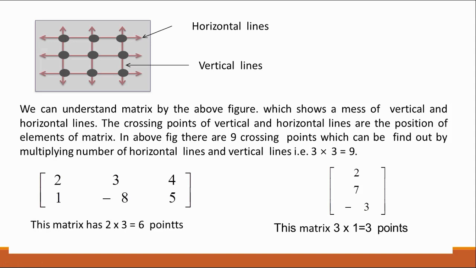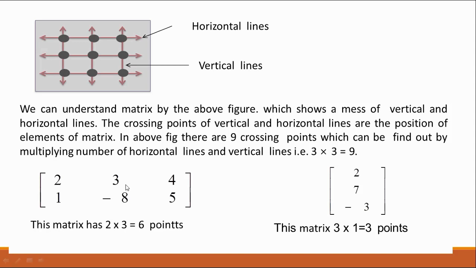For example, in this figure you see there are 3 horizontal lines, 1, 2, 3, and 3 vertical lines. So there are 3 multiplied by 3, that is 9 crossing points.